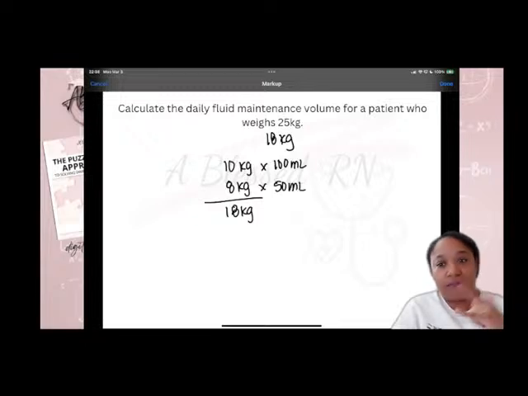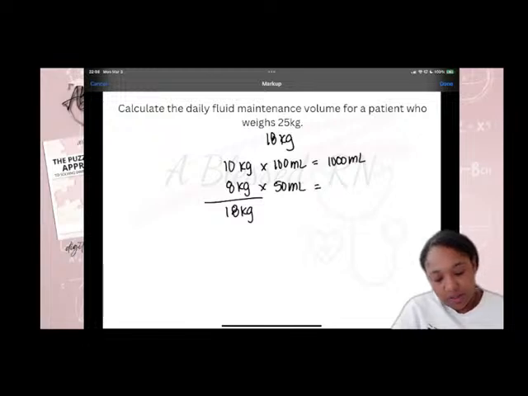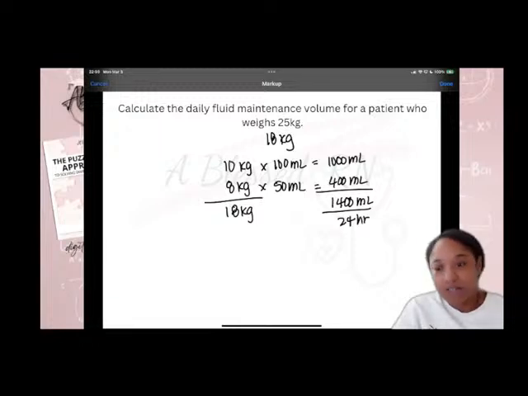We don't have that third one, so it's not going to be times 20. So this is always 1,000, and then this is going to be 400. All right, 1,400 mLs, and that's per 24 hours. Are y'all getting it? Does that make sense?